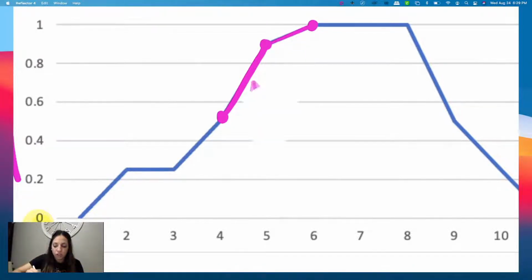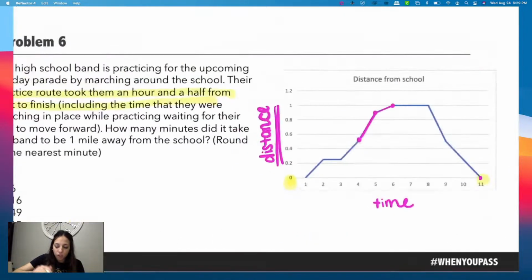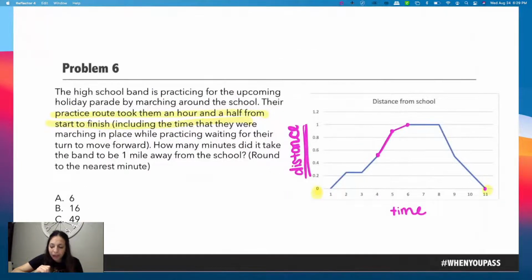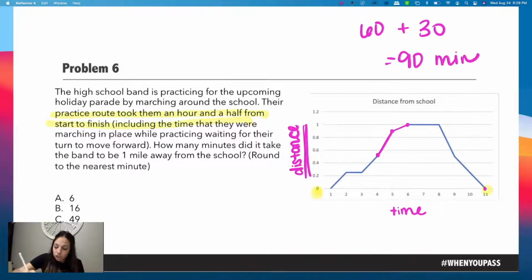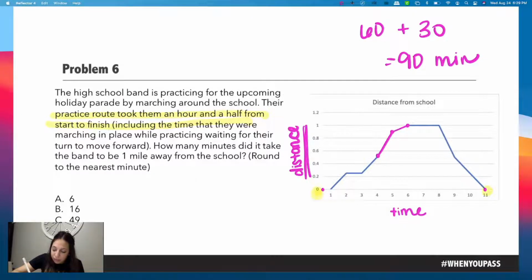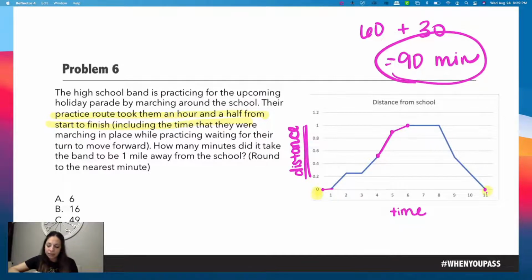You're absolutely right, Joseph. So now let's go back to our question. The practice route took them an hour and a half. So an hour and a half is 60 minutes plus 30 minutes, which equals 90 minutes. So we know that from time 0 all the way to time 11, it was 90 minutes.